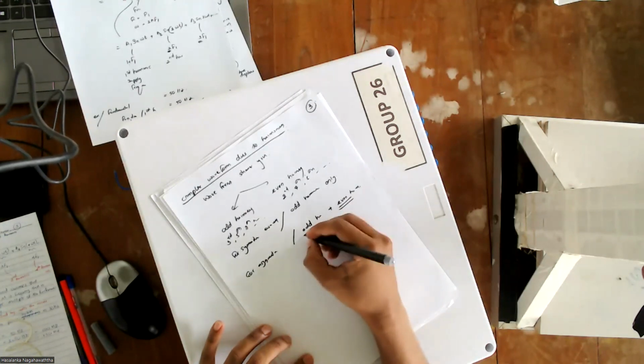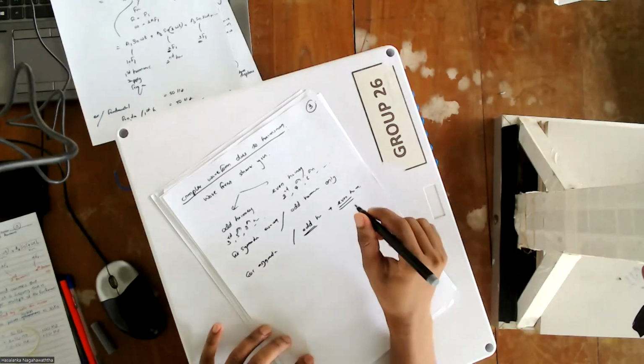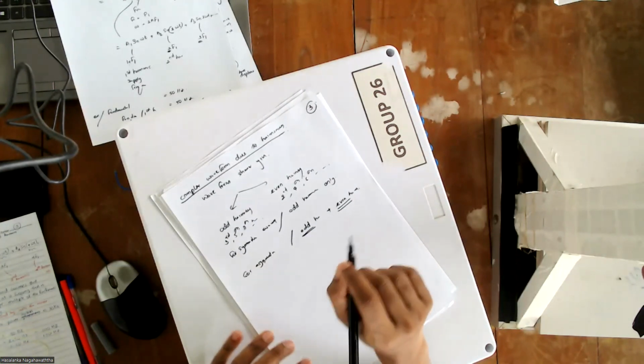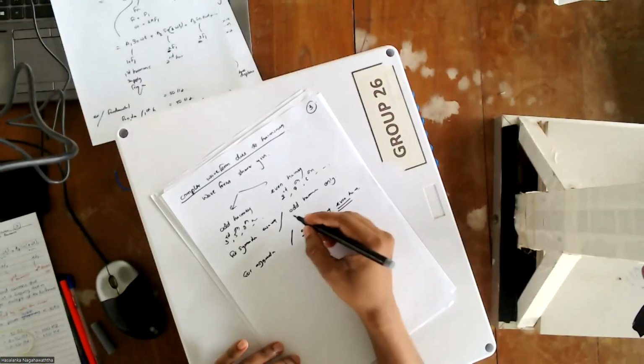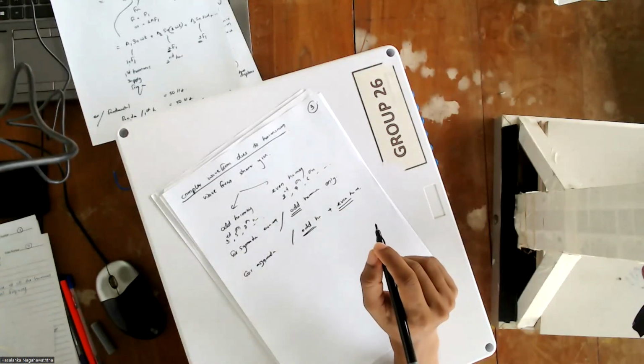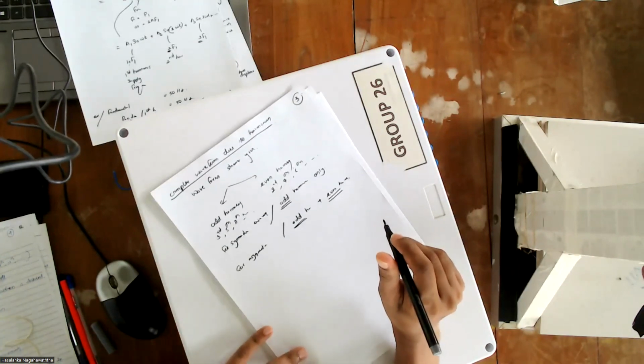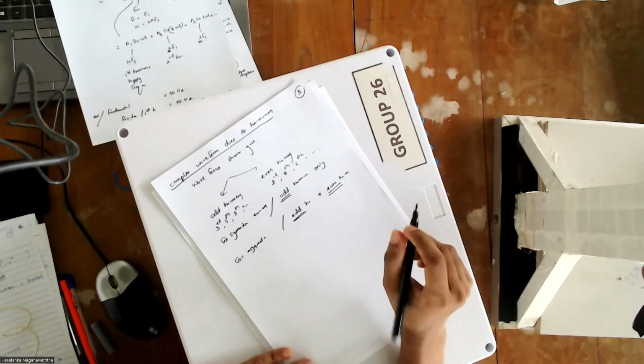Odd harmonics and even harmonics, both. For symmetrical waves, you should be able to see only the odd terms. Okay. Then, in addition, we have triplen harmonics.